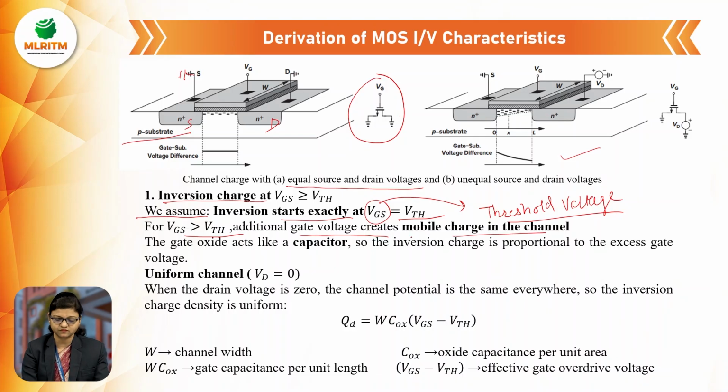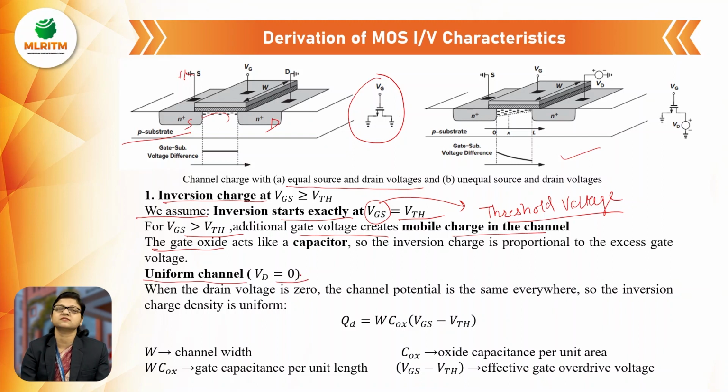Now here, the gate oxide will act as a capacitor. We all know a capacitor has two plates with a dielectric in between. So in this case, the gate oxide is treated as a capacitor.